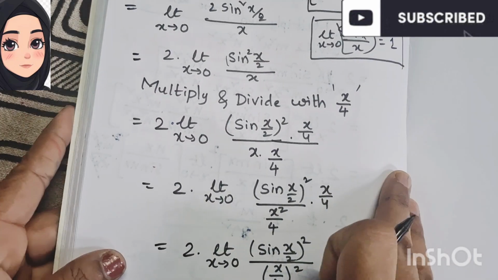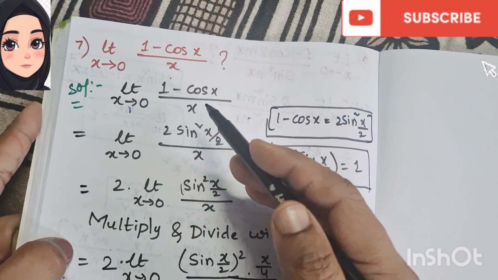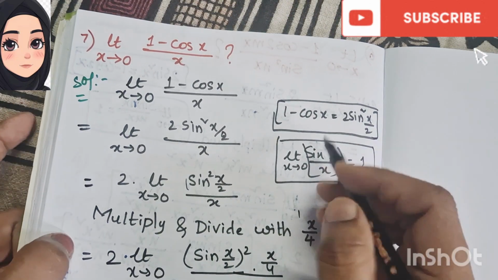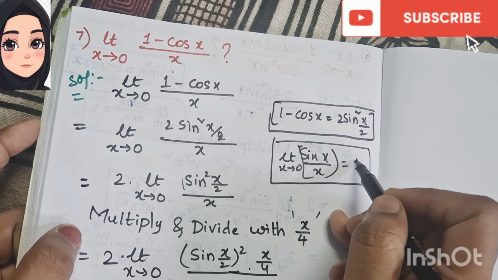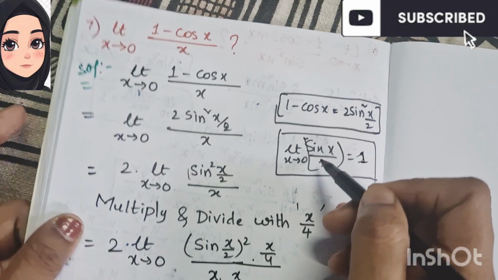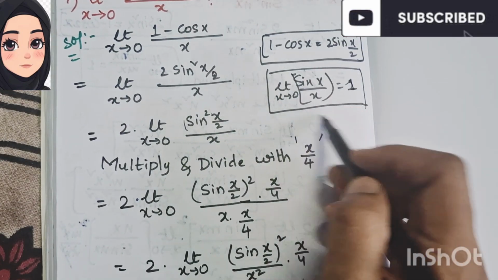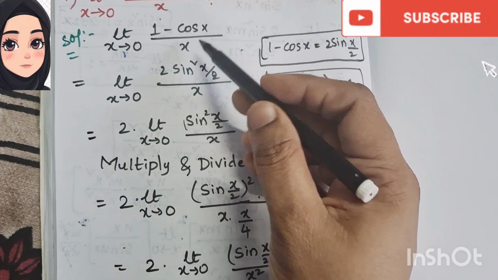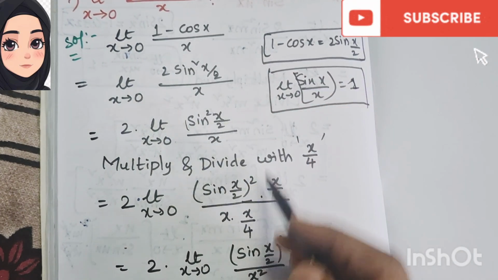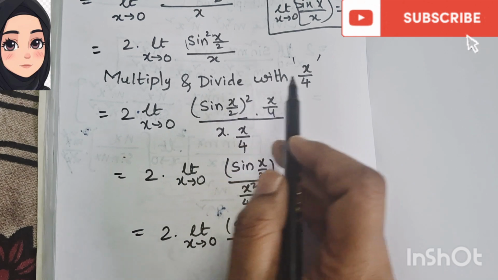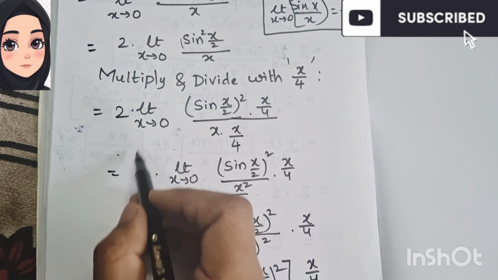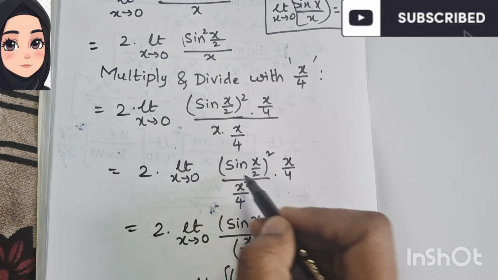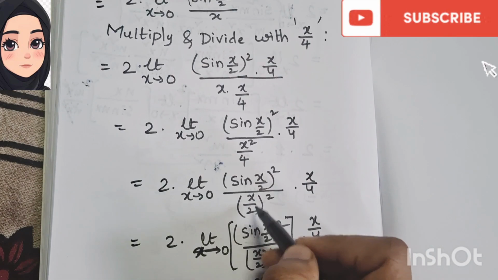Okay, like this we have to convert the given problem into the formula. This total term is 1, always we have to use this formula. To get this formula form, we have converted this whole term like this. By multiplying and dividing with x by 4, this whole term becomes sine x by 2 whole square by x by 2 whole square.